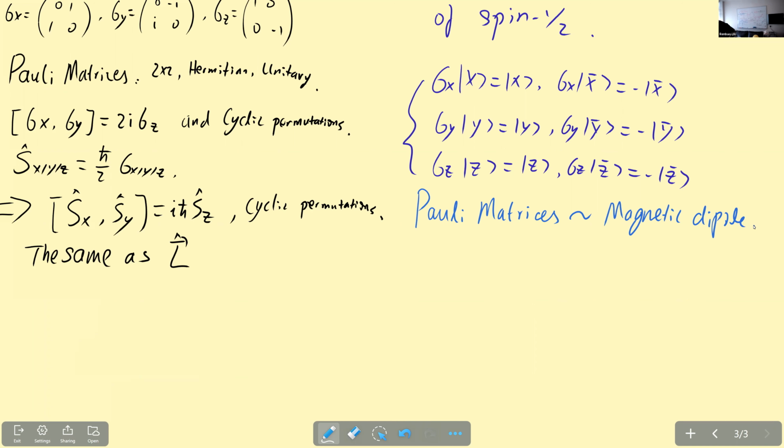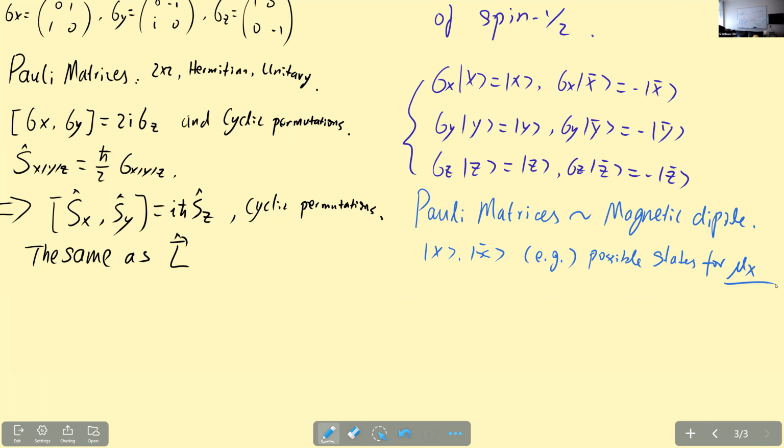Because remember this x bar, for example, are just the possible states for mu x.